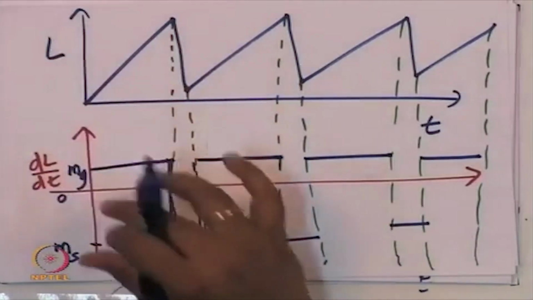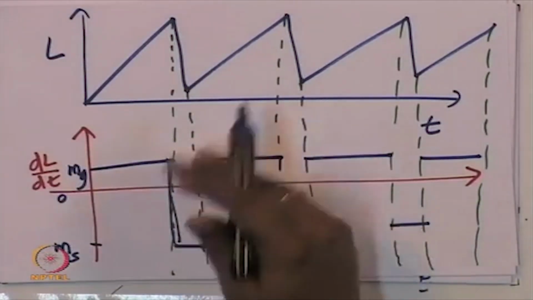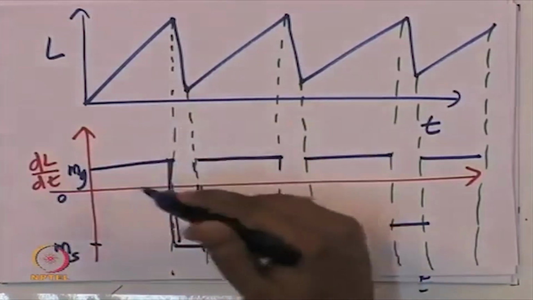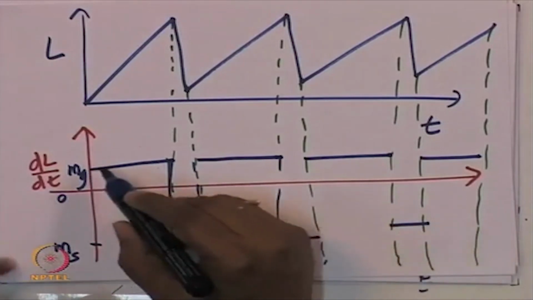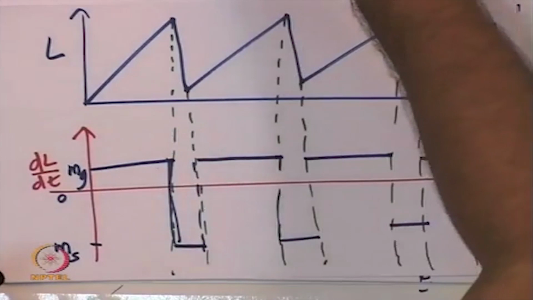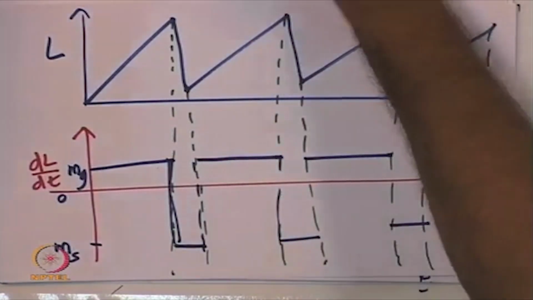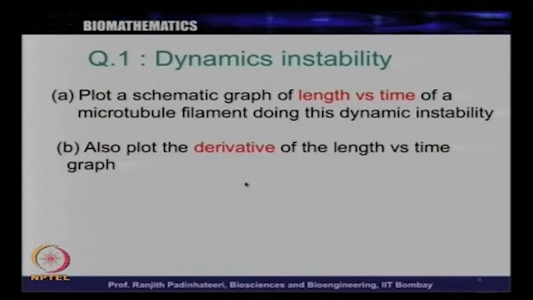So, this is length and this is the derivative, and you can see there are only two speeds. If there are many speeds of growth velocity, there are many numbers, you will get it slightly differently. You could in principle also get, if the growth and shrinkage speeds differ in each attempt, something like the following.